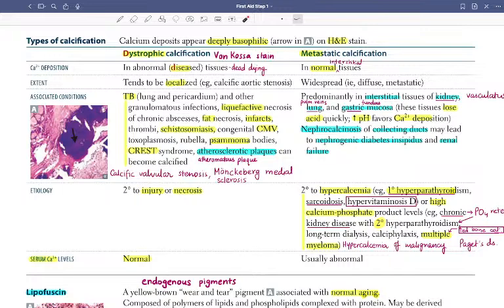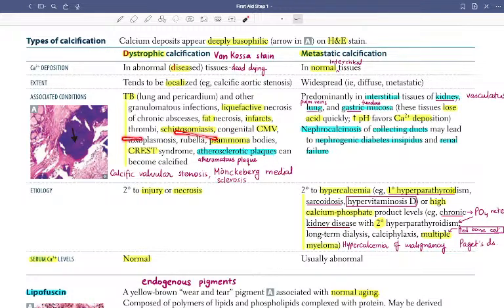Okay, so associated conditions: TB, lung, pericardium, other granulomatous infection, liquefactive necrosis, chronic abscess liquefactive necrosis. Where it happens the most, that is brain. Fat necrosis, we had saponification, all that.